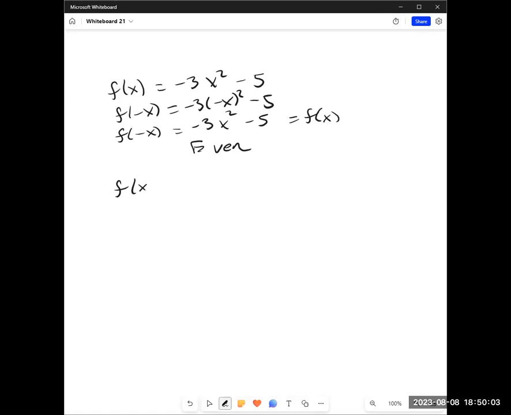Next, we have f of x equal to 8x cubed plus 2. And f of negative x is equal to 8 times negative x raised to the third plus 2.